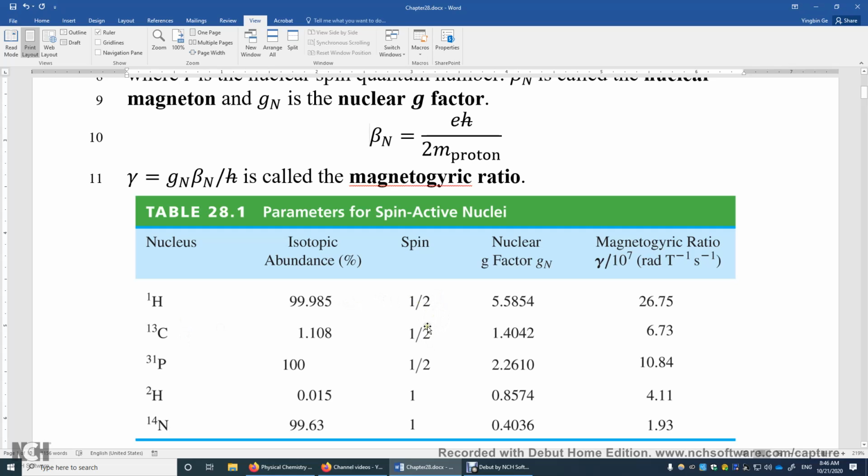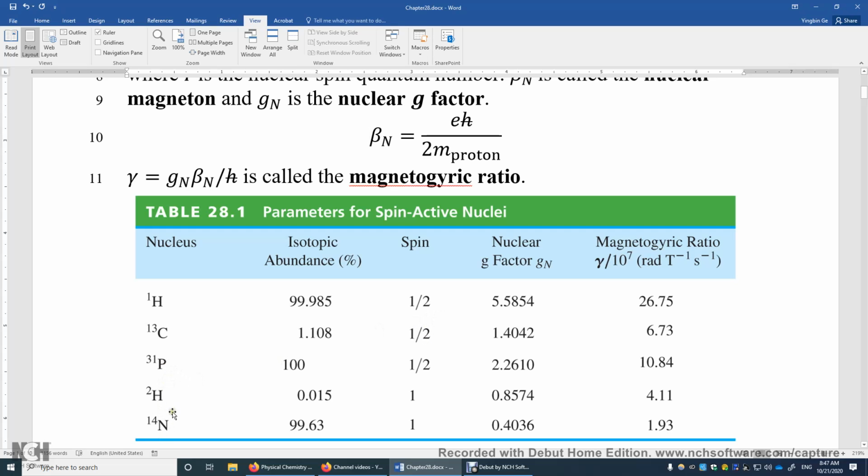That means the z component is negative 1/2 h bar or positive 1/2 h bar for the hydrogen or carbon nuclei. Again, we're talking about carbon-13. Carbon-12 has a spin number of 0, so we cannot do the NMR for carbon-12.